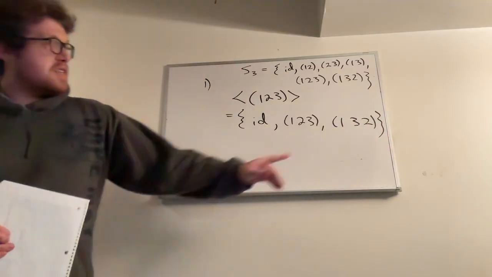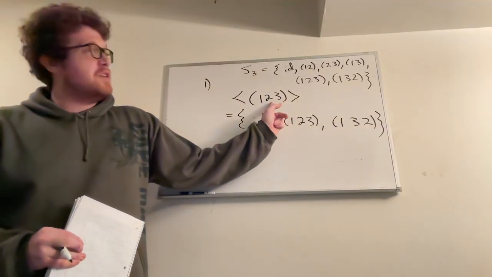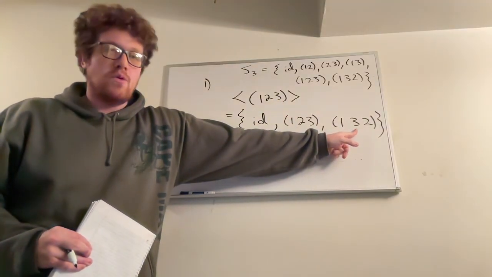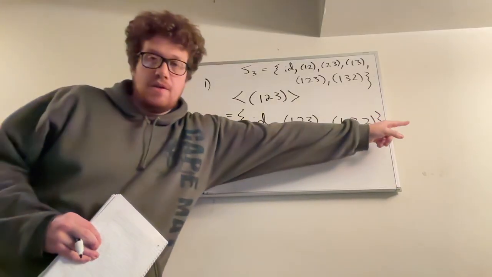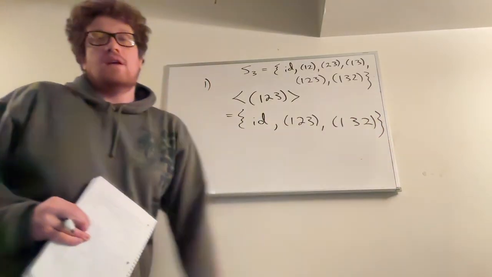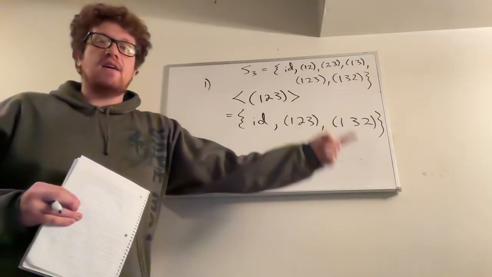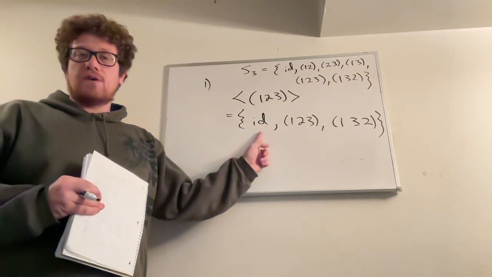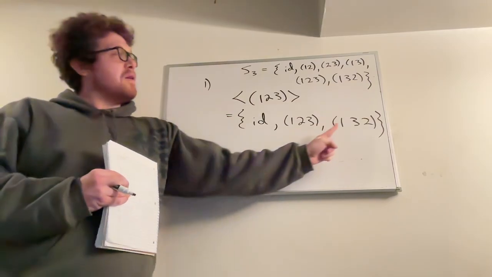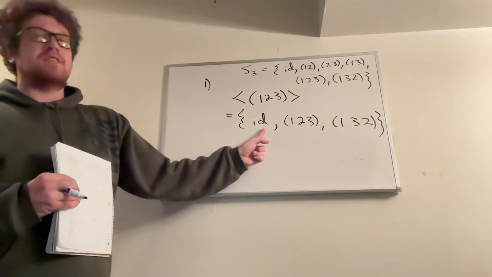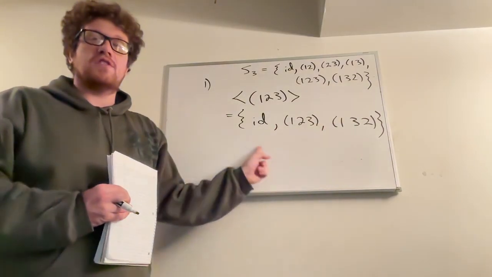And then you'll notice, if you apply this permutation again, this is to the 1st power, this is to the 2nd power, and if we get to the 3rd power, we actually get back to the identity. So that's why it's called a cyclic subgroup. We go 0th power, 1st power, 2nd power, and then it cycles back to the 0th power, and it just goes in a cycle over and over.